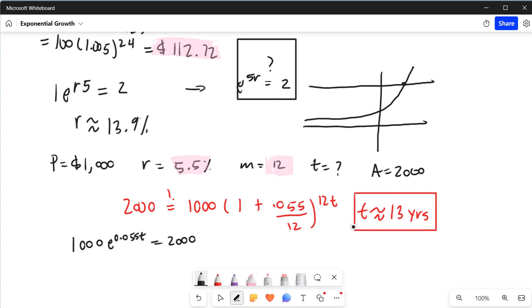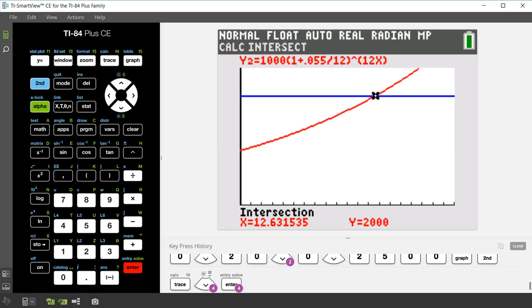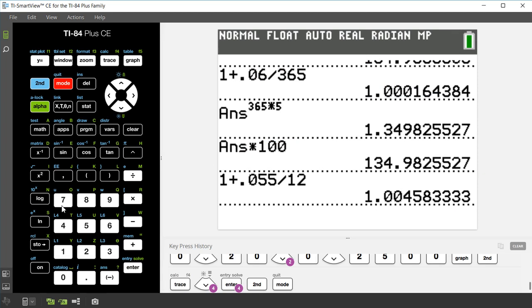In this case, if you've ever taken a science course that looks at doubling time, you could just use ln of 2 and then divide that by the rate at which it grows, which is 0.055.